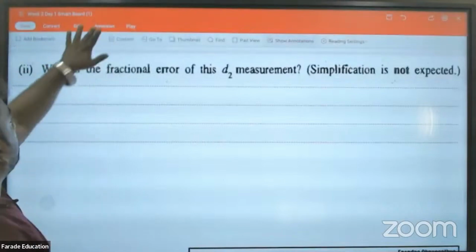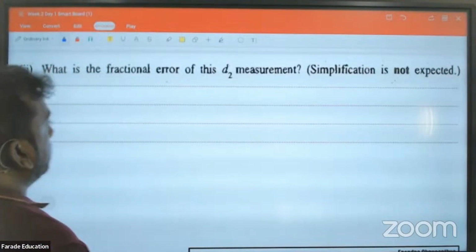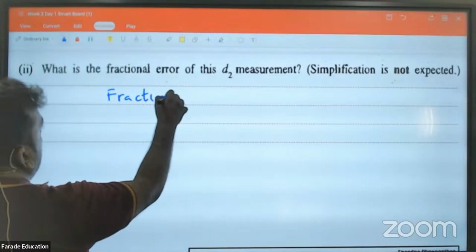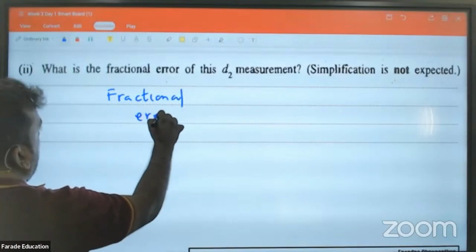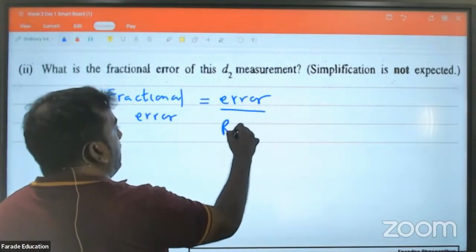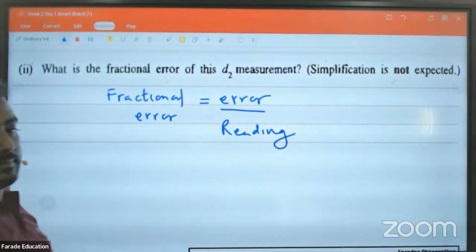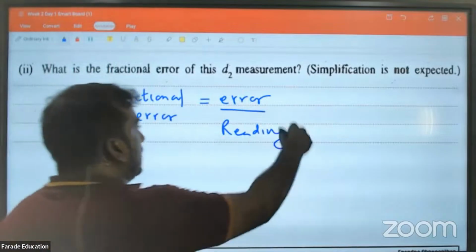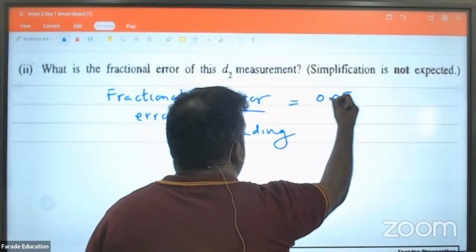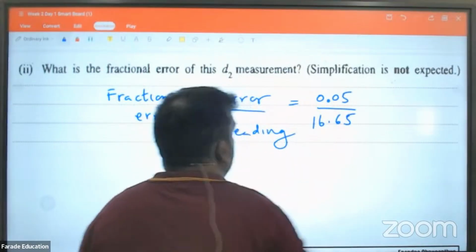Now what is the fractional error of D2? Remember, fractional error is error divided by reading. Now, error is the least count. Least count 0.05 divided by 16.65.